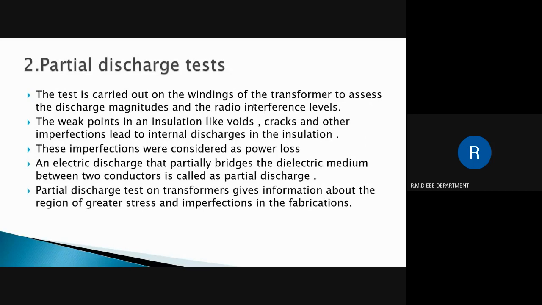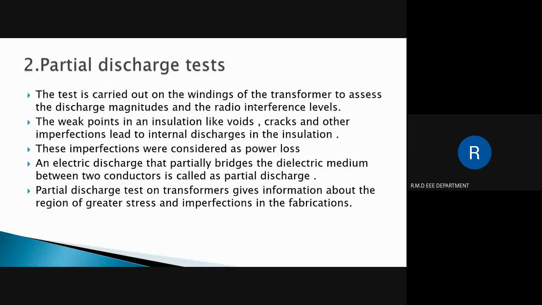These imperfections lead to power losses. An electrical discharge that partially bridges the dielectric or insulating medium between two conductors is called partial discharge. It may be an internal discharge, surface discharge or corona discharge.